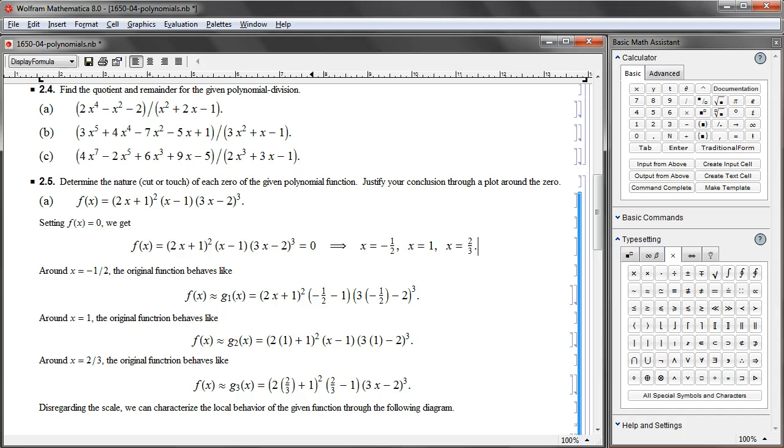So we have three zeros here. At x equals negative 1/2, keep this factor as is, and then substitute x by negative 1/2 here and then there. So we ended up changing my function a little bit. It's not the same as the original function.